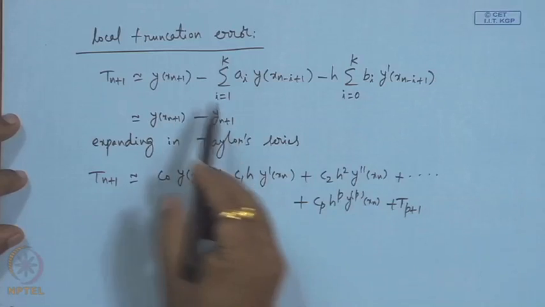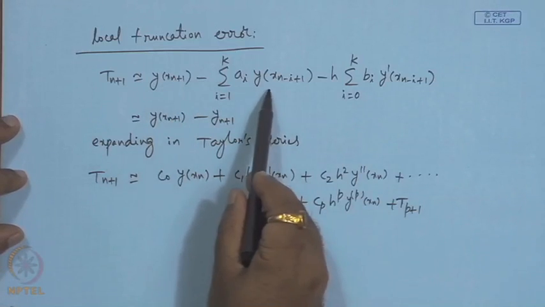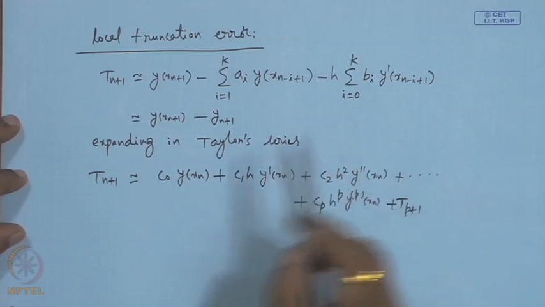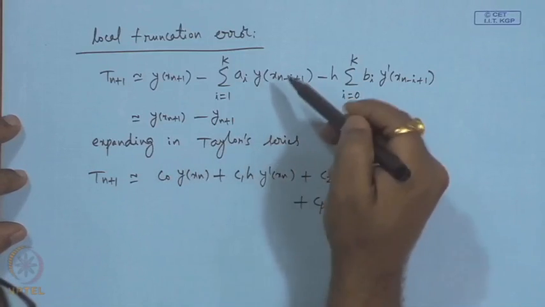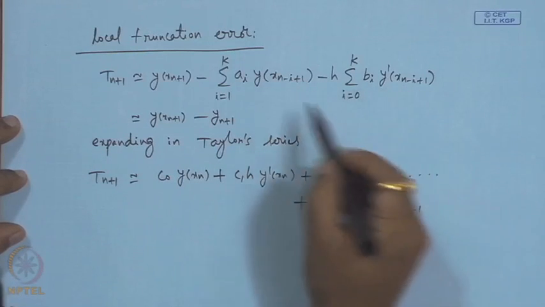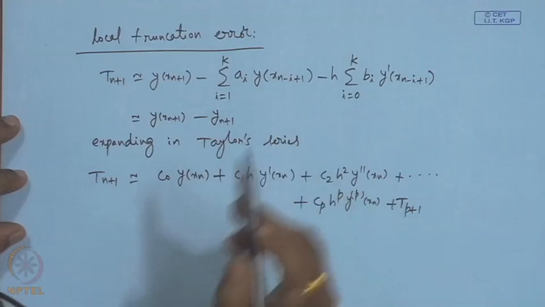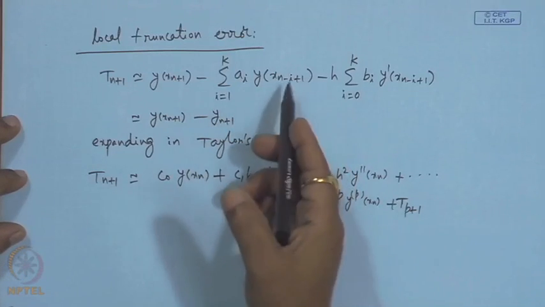Okay. That means, you expand this in Taylor series, then expand this in Taylor series, expand this in Taylor series. Okay. So, for a particular case we will do that, but in a general sense. Okay.